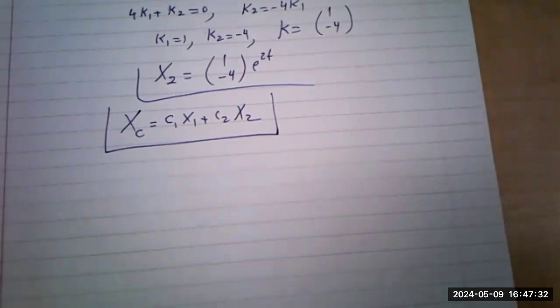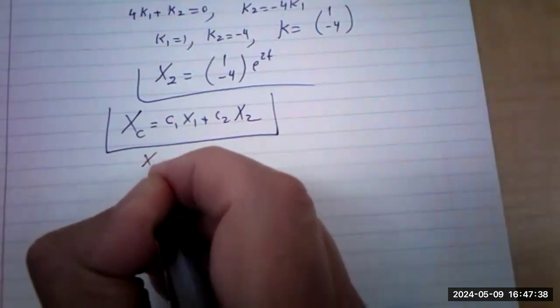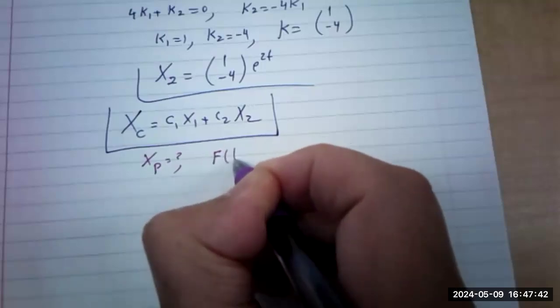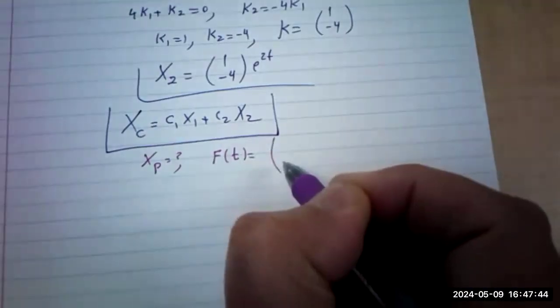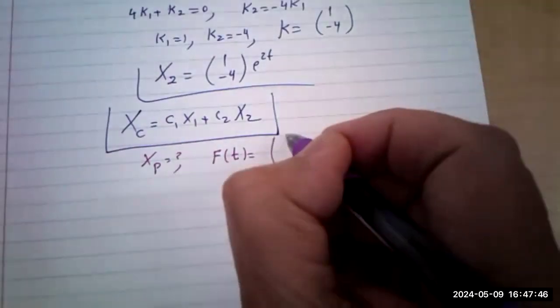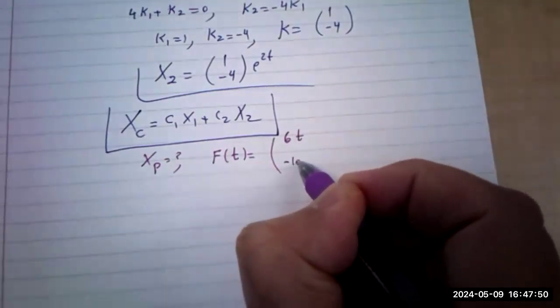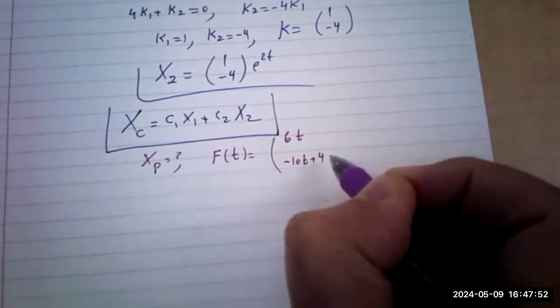So now we go for the yp. We have to find the x of p. The function in question is, remember, the first component was 6t. The second component is negative 10t plus 4.